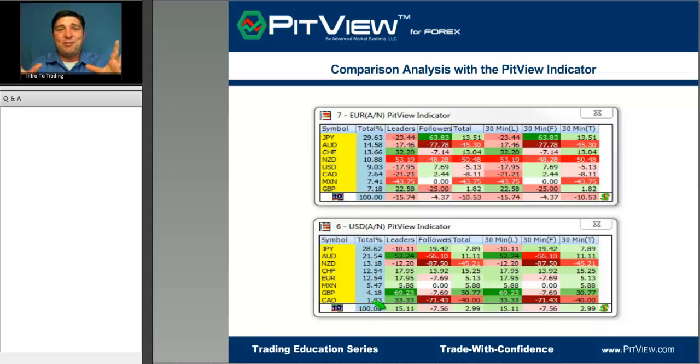And it can give you a better indication of overall direction because you have a strong currency overall matched up with a weak currency. Any questions on that, don't worry. We're going to go through that in a little bit more detail as we continue on through the education series.